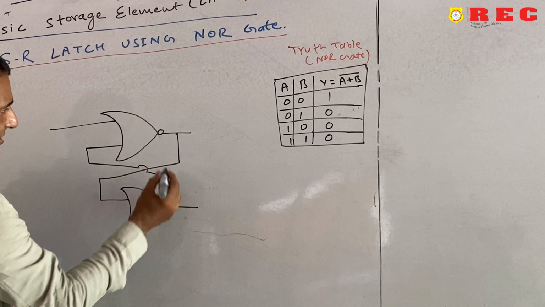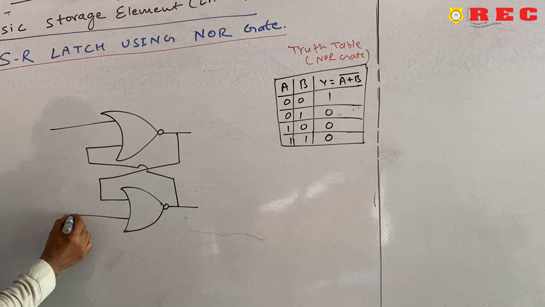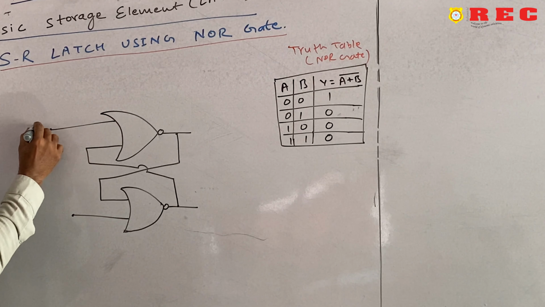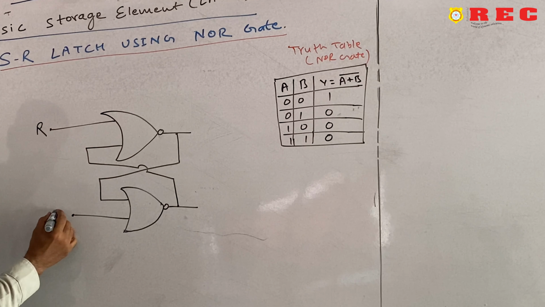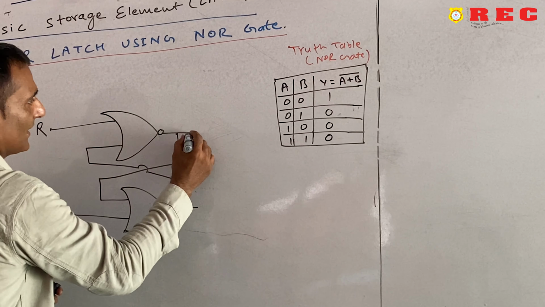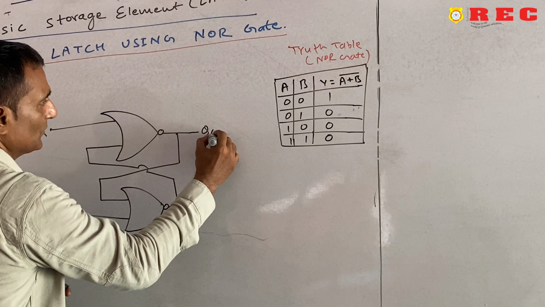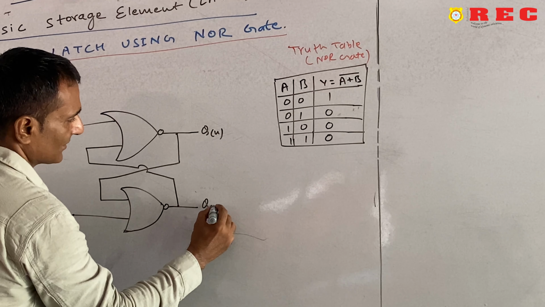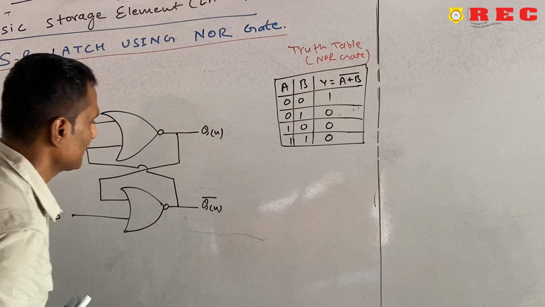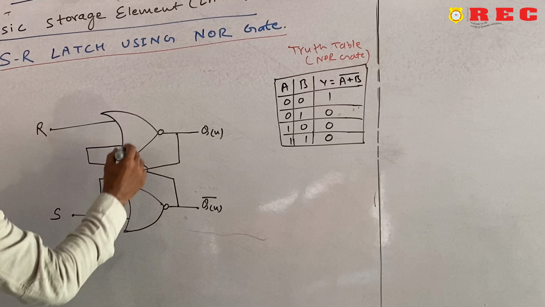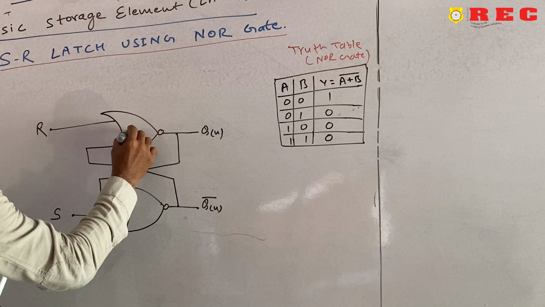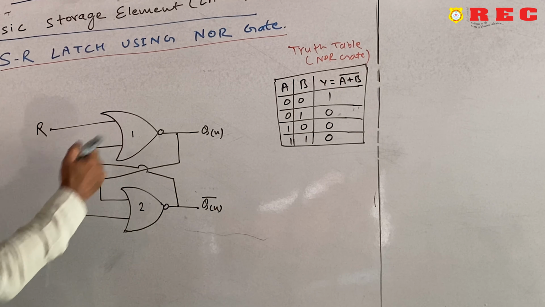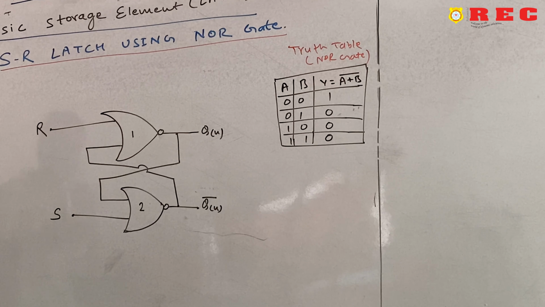This is known as latch, and these are the two inputs. So, we can write here R and here S, and this is Q, suppose Qn, and this is Qn complement, and here 1 and 2 for the explanation of NOR gate 1 and NOR gate 2.